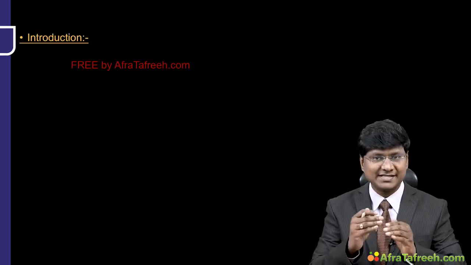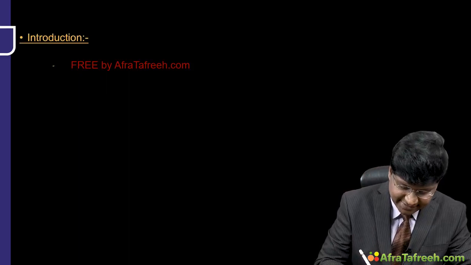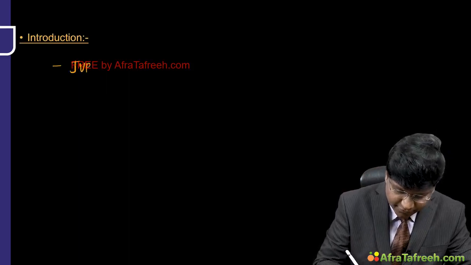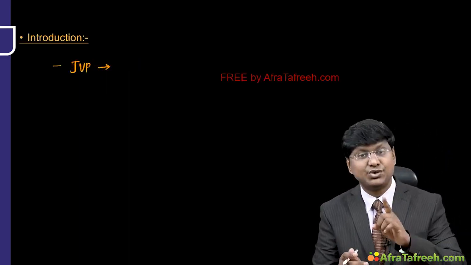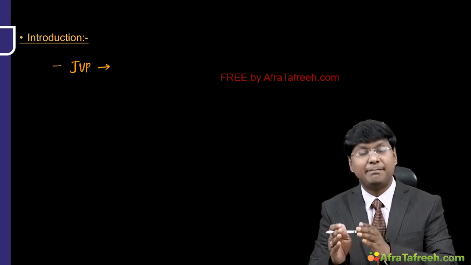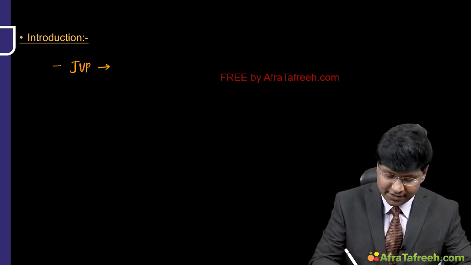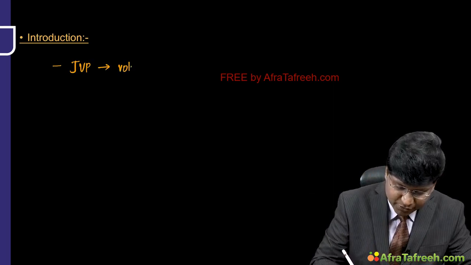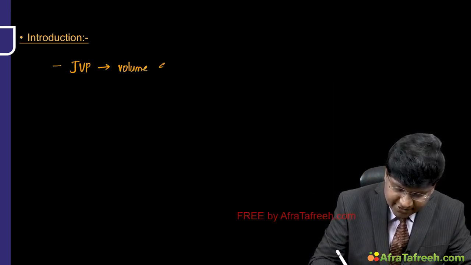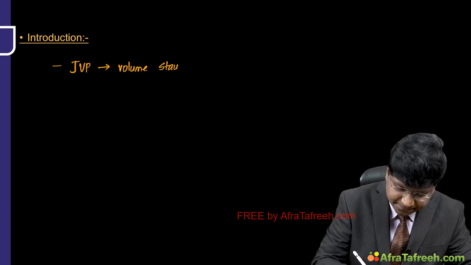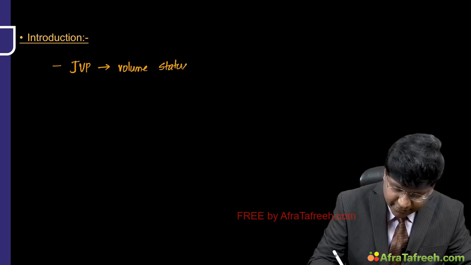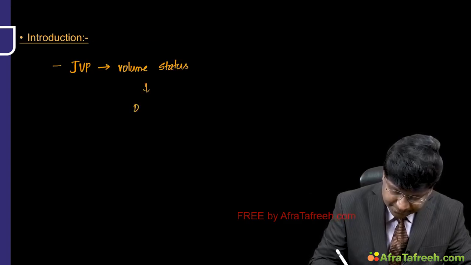What did we discuss in the beginning of the session itself? That JVP is one of the very important examination tools, useful for bedside measurement of the volume status of the individual, and this will decide whether to give diuretic therapy or not.